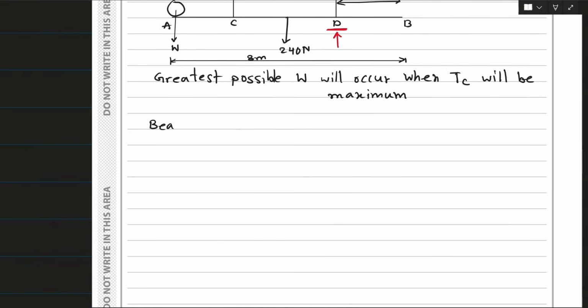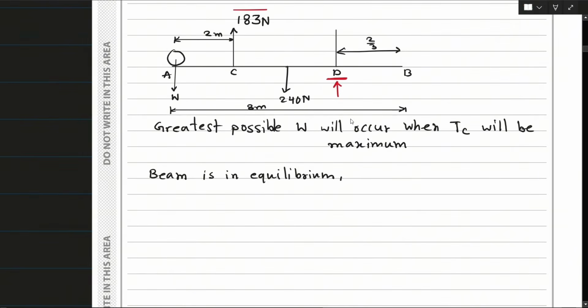So we know that the beam is in equilibrium. When the weight is maximum, the beam is still in equilibrium. So we can still say that the clockwise moment is equal to the anti-clockwise moment around our point D.